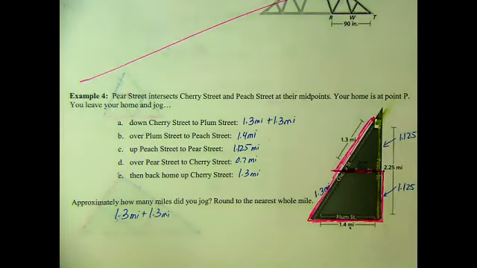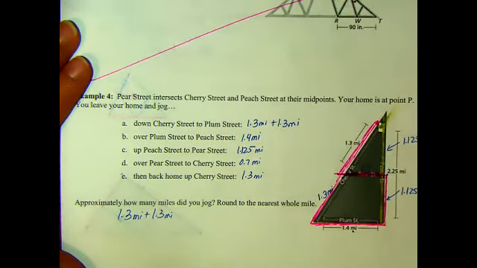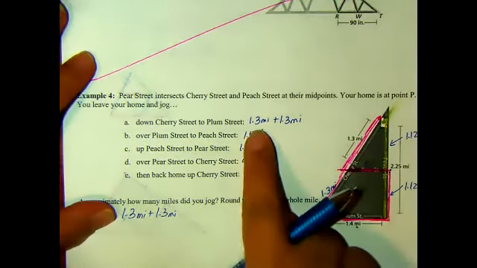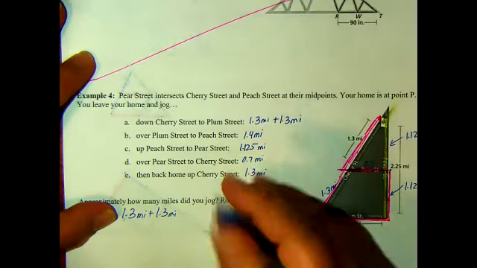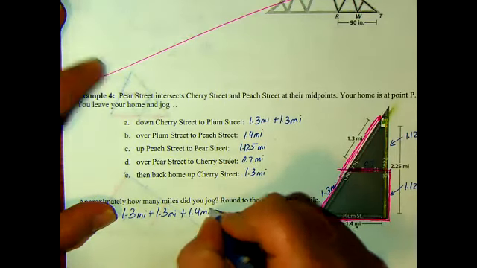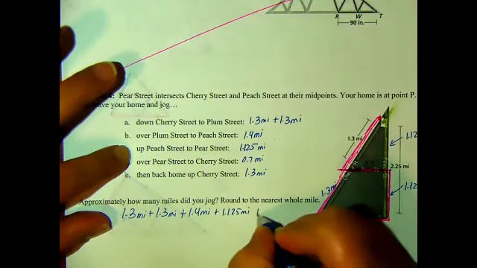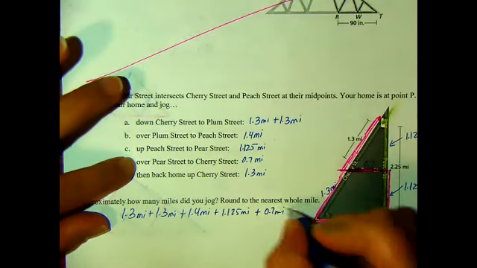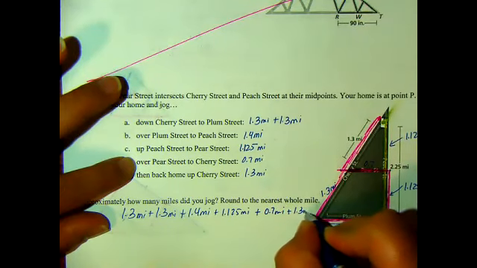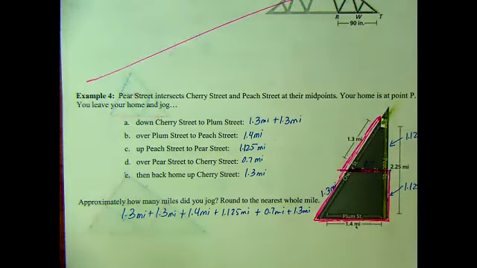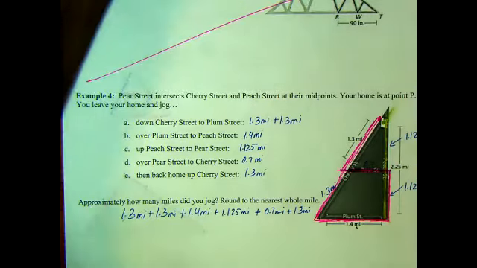Okay. Now we're going to add all of this together. So we have our 1.3 plus 1.3 plus 1.4 plus 1.125 plus 0.7 plus 1.3. We're going to add all of this together.